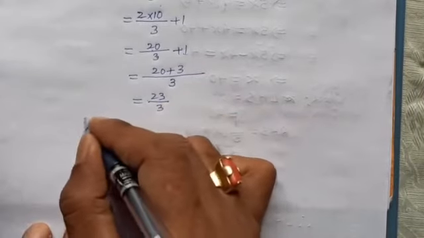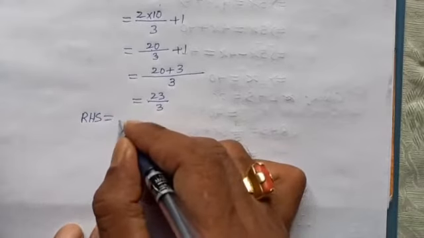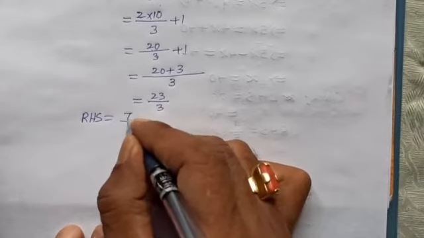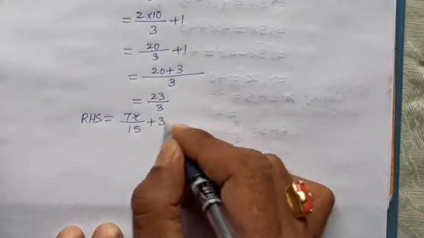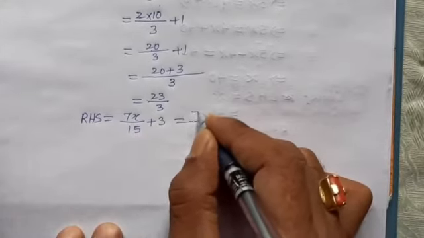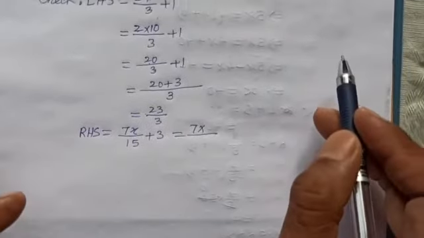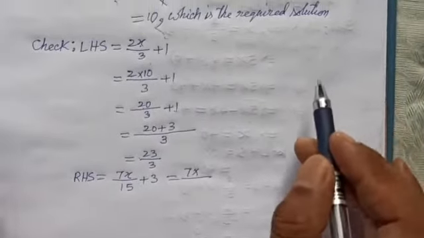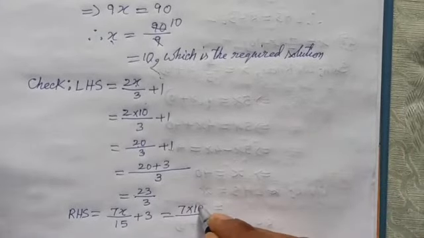Now the right hand side. From the question, the right hand side is 7x by 15 plus 3. 7 into x, where x is 10, so keep 10 here.